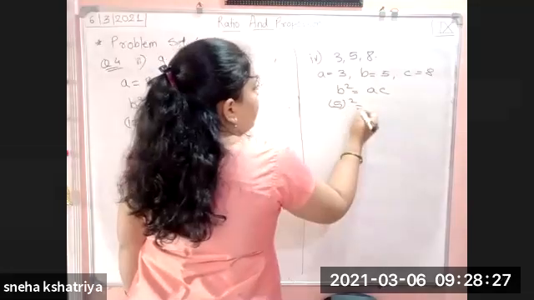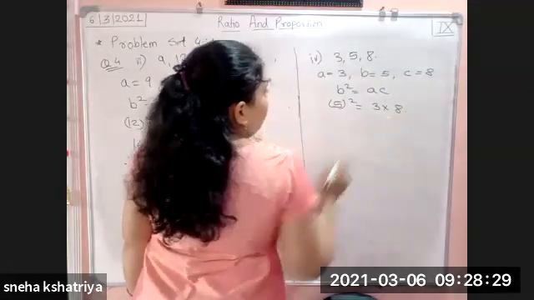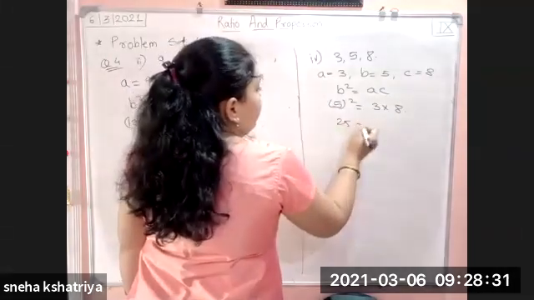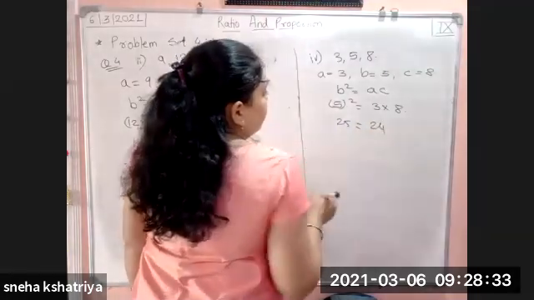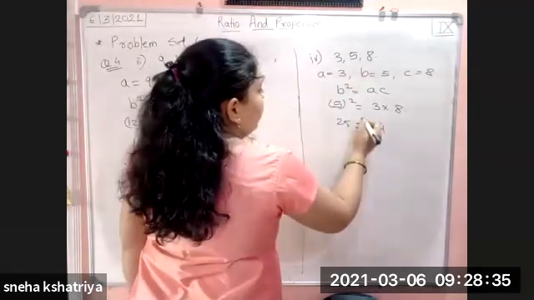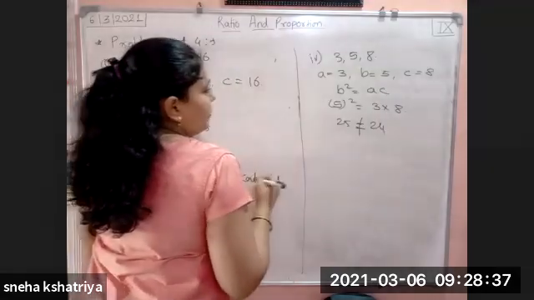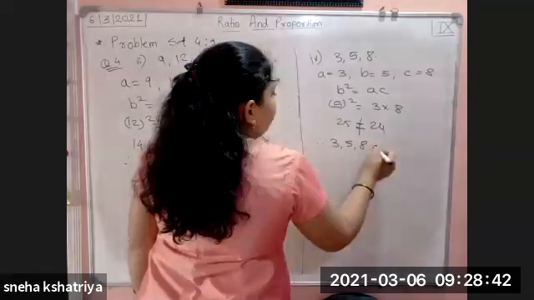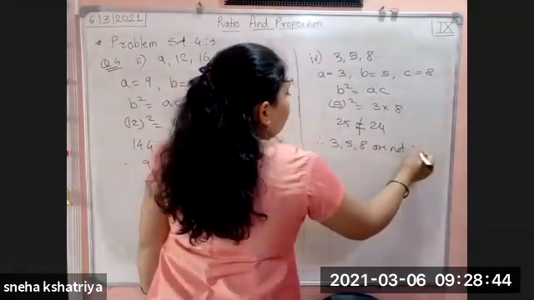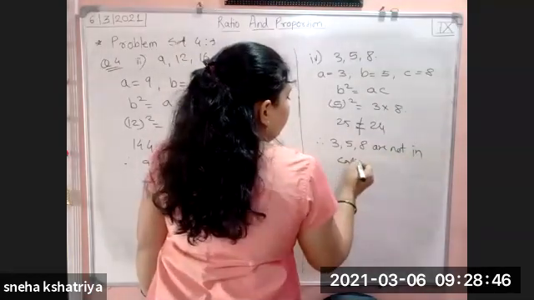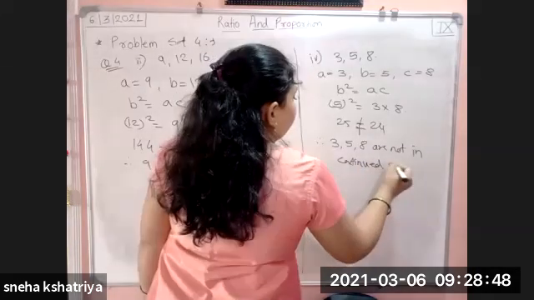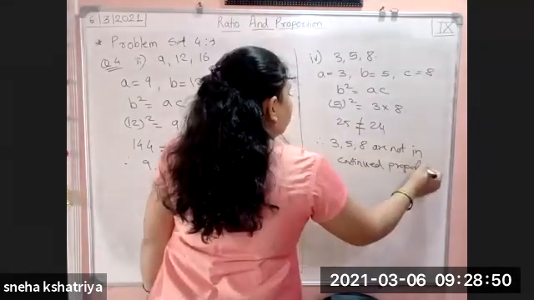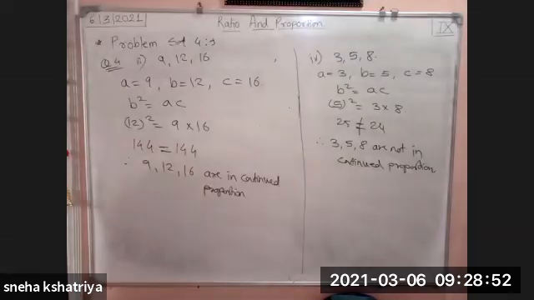So 5 square is equal to 3 into 8. 5 square is 25. 8 3s are 24. 25 is not equal to 24. Therefore, 3, 5, 8 are not in continued proportion.